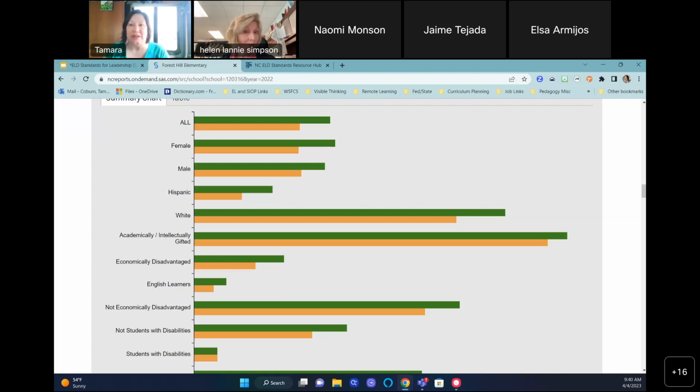And so we do exit them early, and I like to say we exit them to struggle, and then we expect them to continue developing English through the use of English in content areas, and then that should be reflected in how well they perform on those tests and in that subgroup. The only thing we wouldn't get then is that they're not still taking the ACCESS test, so they're not going to show up in that part. Exactly, Tamara.